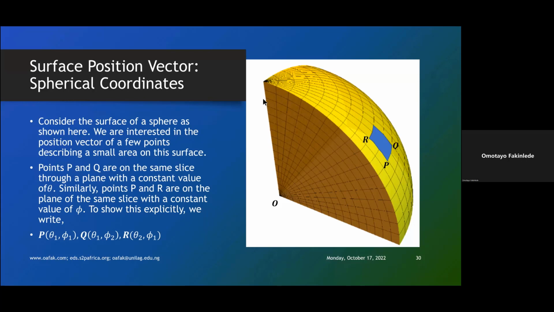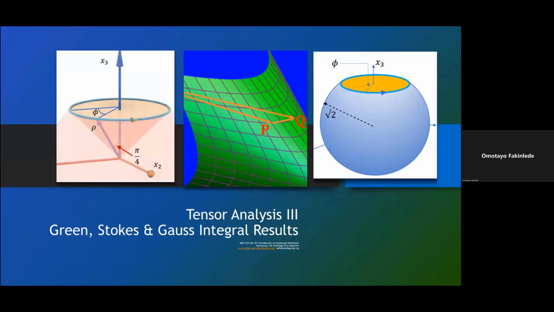So we can therefore get a preliminary result that will be very, very useful in our understanding of Green, Stokes, and Gauss's integral theorems. We are going to take an arbitrary surface now.